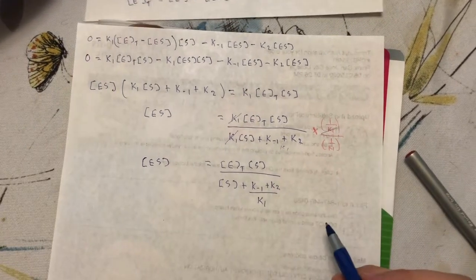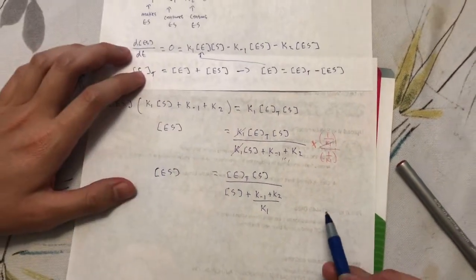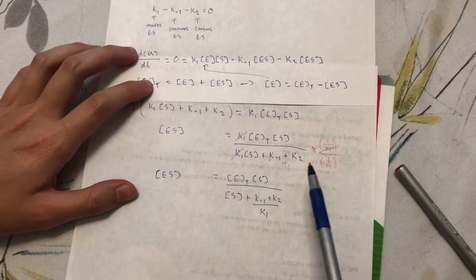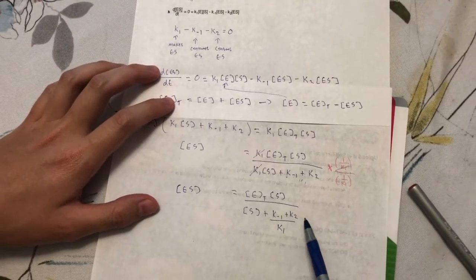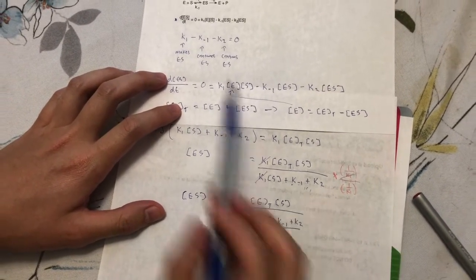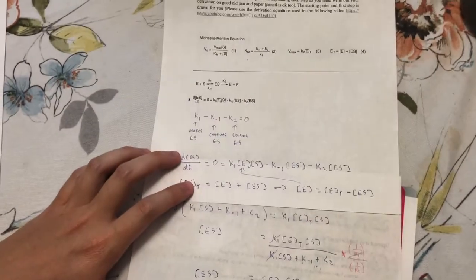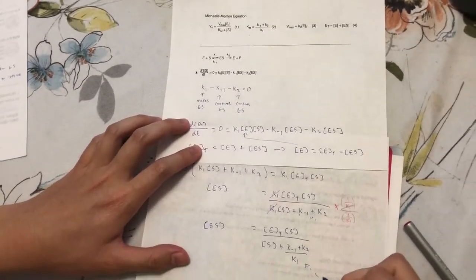So if you go back to the top portion of our equation here, you might notice something looks very familiar. This K minus 1 plus K2 over K1 is equal to this Km value. So I'm going to write that over here. We're going to come back to that later.